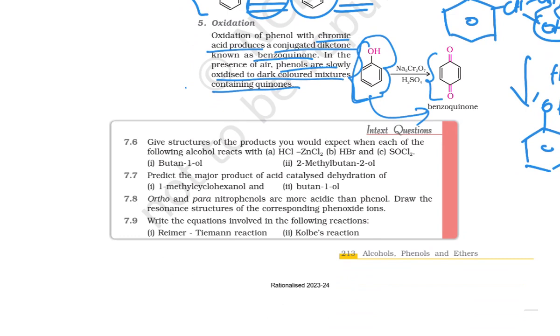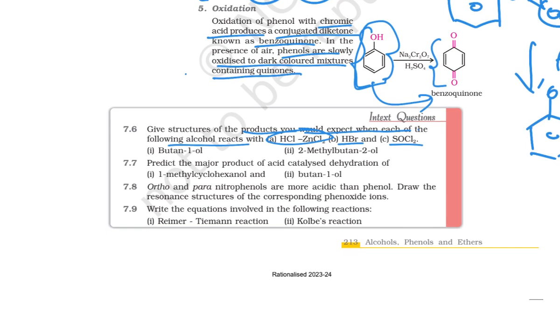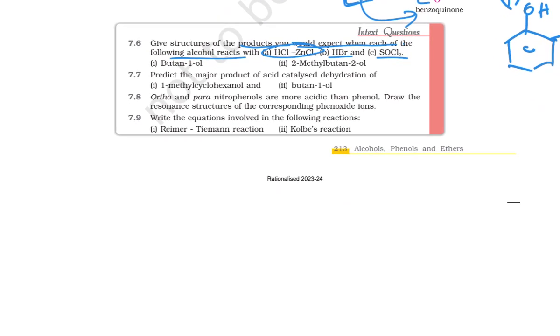Okay, so in this, give the structure of the product. What do we expect when it reacts with HCl and zinc chloride, HBr, and SOCl2? What is the molecule of your reactant which is given? The first one is butan-1-ol, CH3CH2CH2CH2OH.